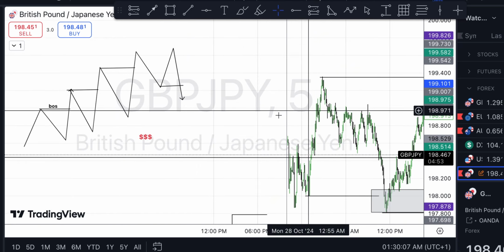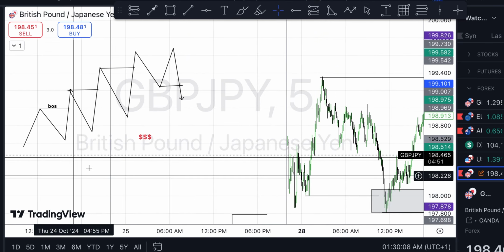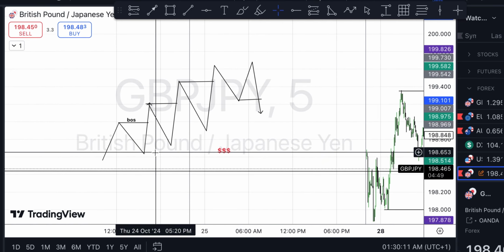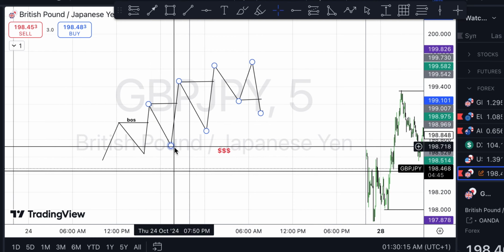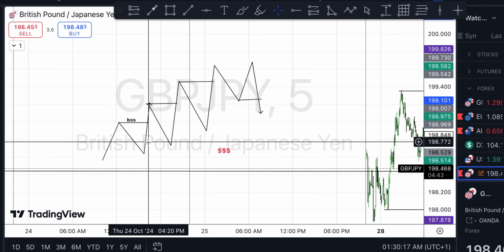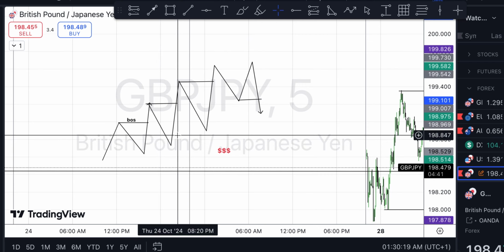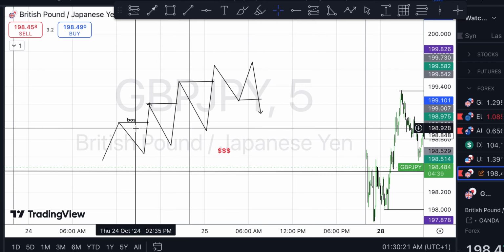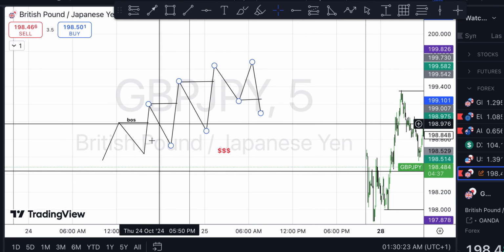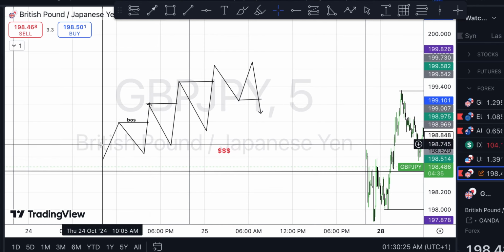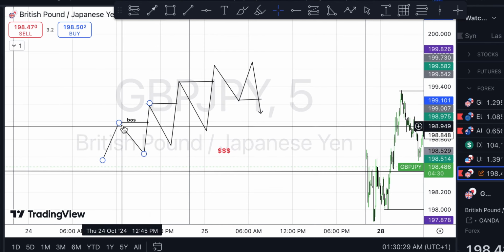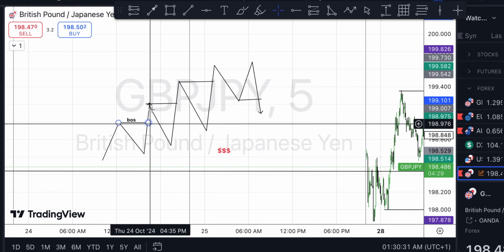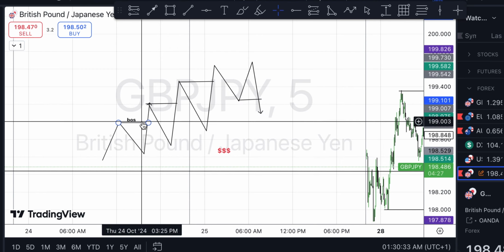If you don't know what a structure is, I think I have a video about market structure, so you can go to my YouTube channel and search for it and watch it and understand what price action market structure is. But I'll just do a brief recap on that. So you can see that price is going up, is coming down, higher high, higher low, higher high, break of structure.